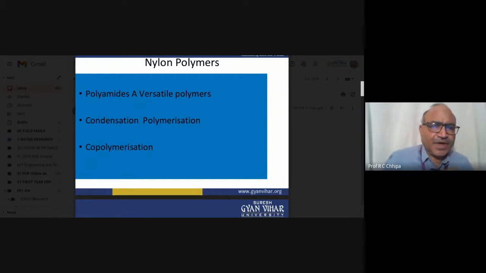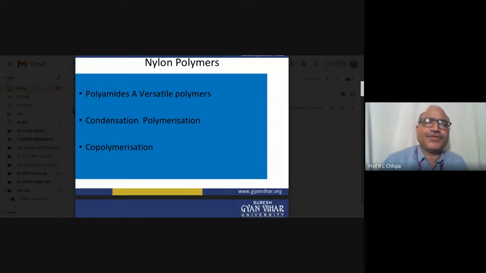In case of certain other nylon polymers, there may be copolymerization. Here, for example, omega amino hexanoic acid. So here is one of the molecules which is like an amino acid. So amino acids, why amino acid? Amino group on one side and carboxylic group on the other side.